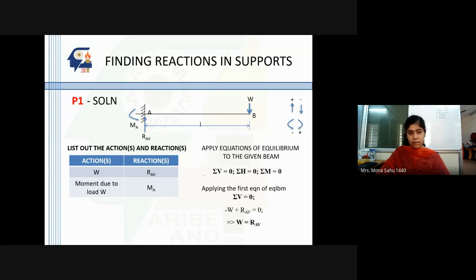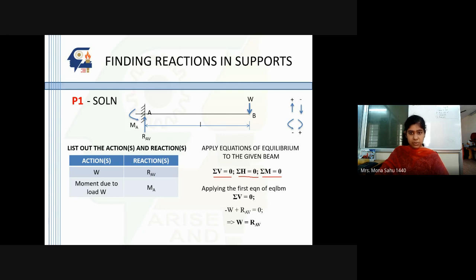So you have a vertical force and the horizontal force is not there. I'll tell you why. What is finding reactions at supports? How do you find that? We use the equations of equilibrium: sigma V equal to 0, sigma H equal to 0, sigma M equal to 0.